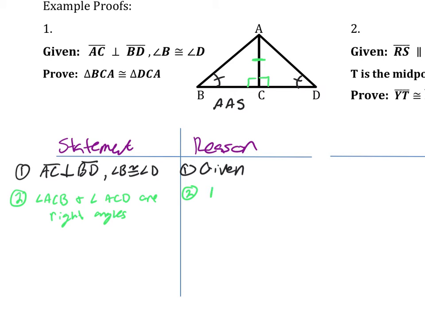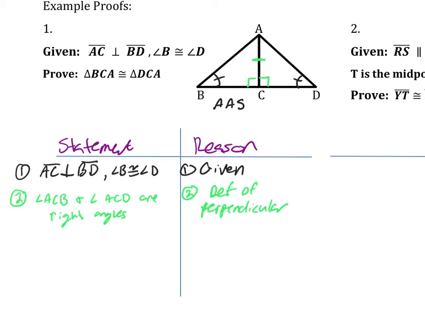Well, I know that because the definition of a perpendicular bisector, right? I know that because AC, not perpendicular bisector, excuse me, definition of just perpendicular. We don't have a perpendicular bisector here. Okay, so I know that because AC is perpendicular to BD, right? Perpendicular means intersecting at a right angle. So I know that. Okay.